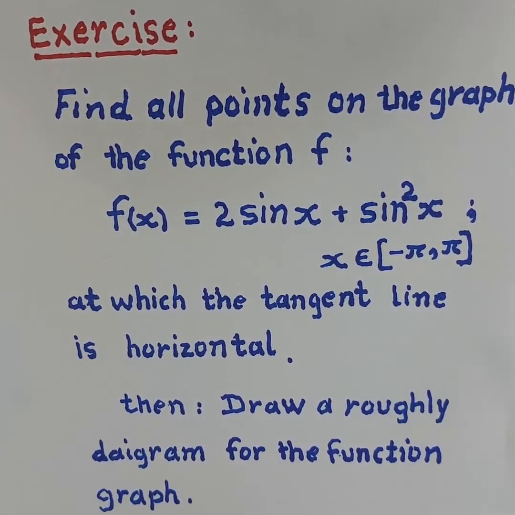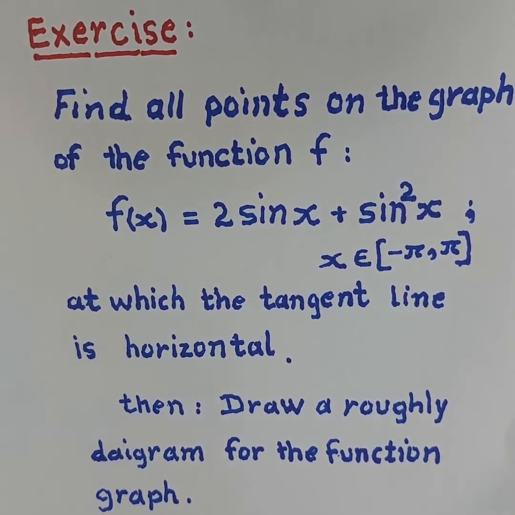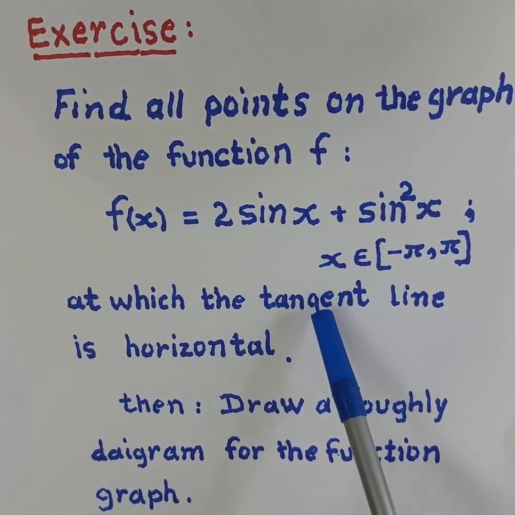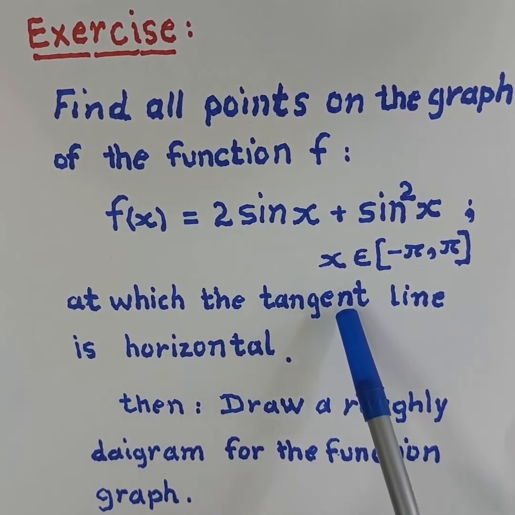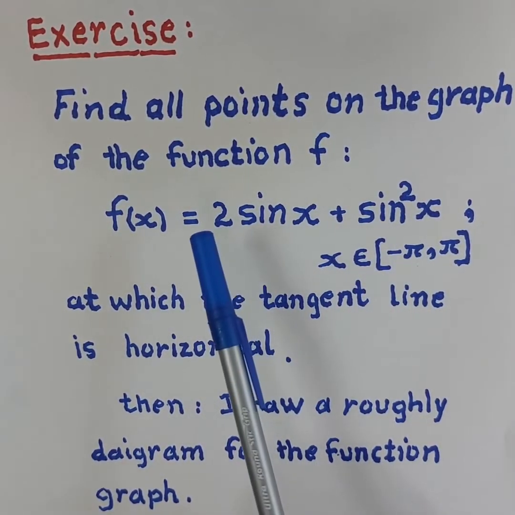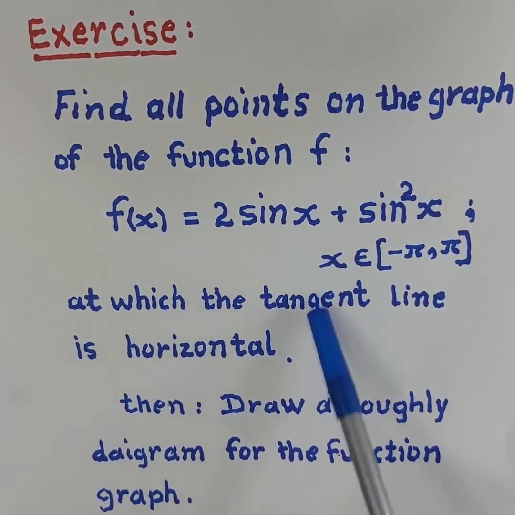We know the slope of the horizontal line is equal to 0. And the relation between the slope of the tangent and the function is that the derivative of this function equals the slope of the tangent.